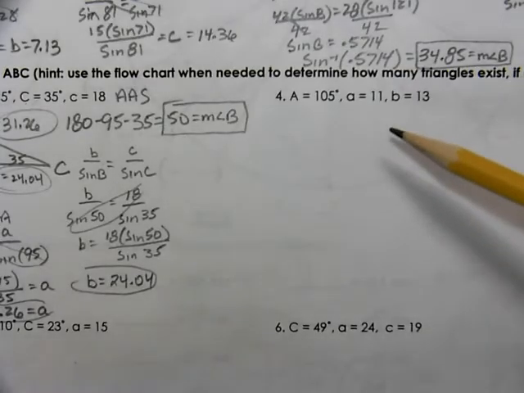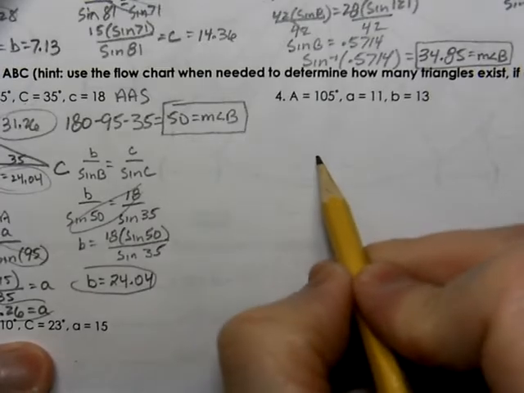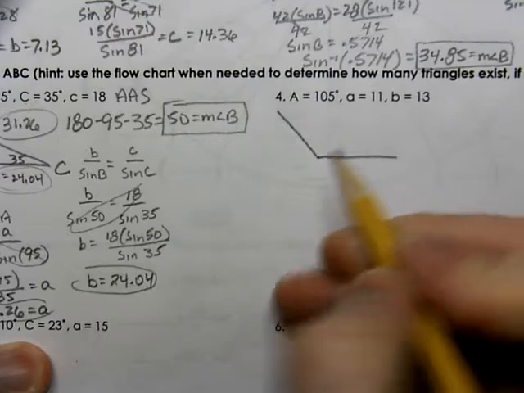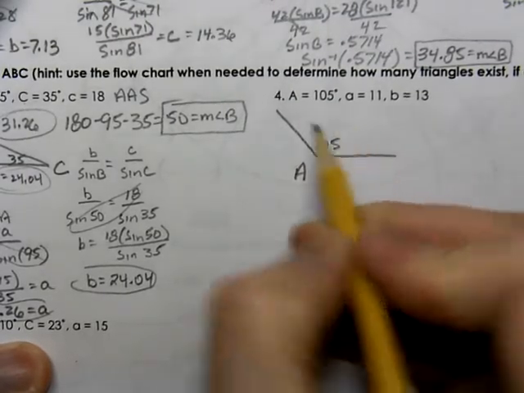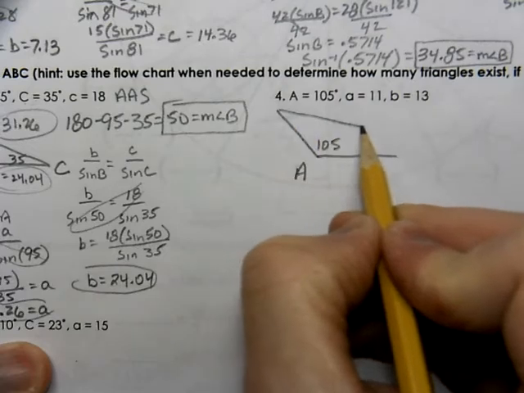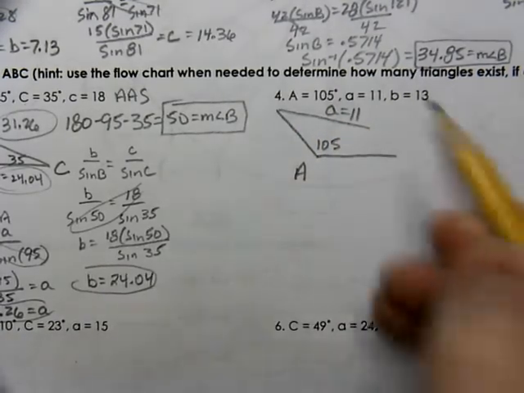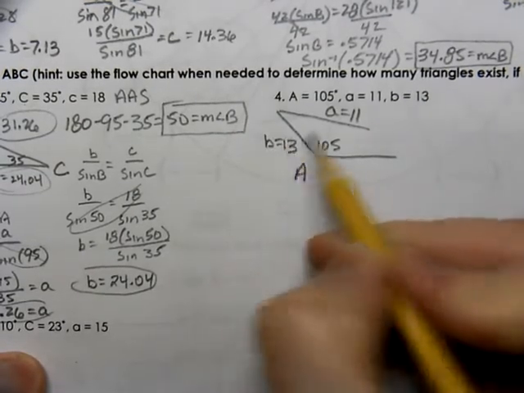In this case, here we see that they give us another obtuse angle. The side opposite they give us is A is 11, and the other side they give us is 13.